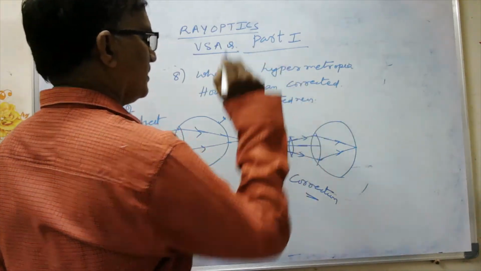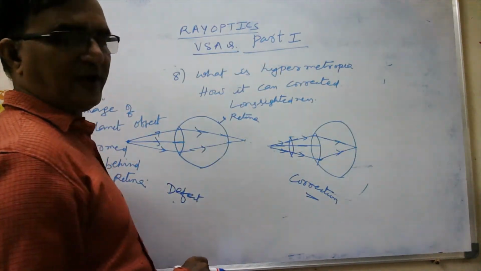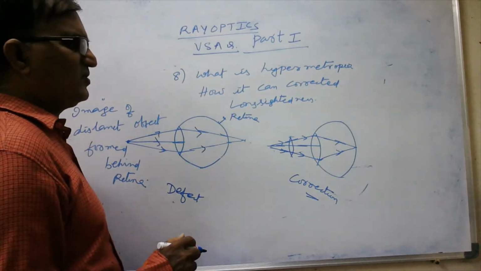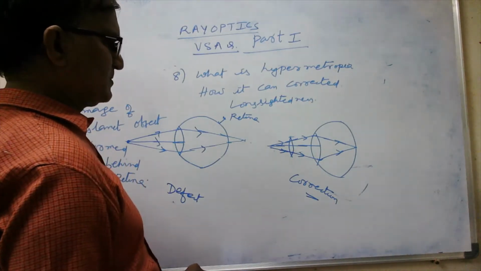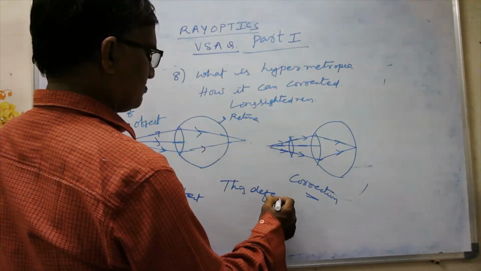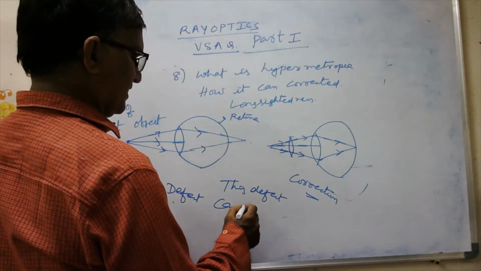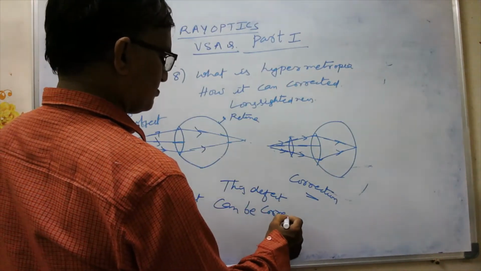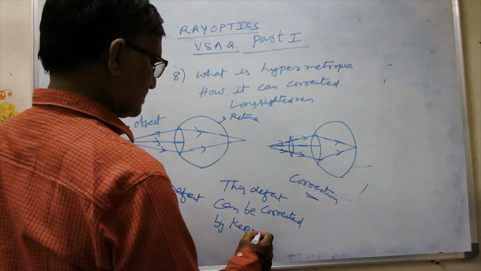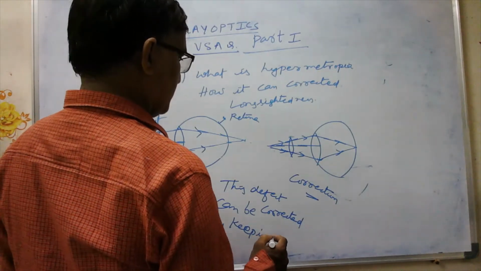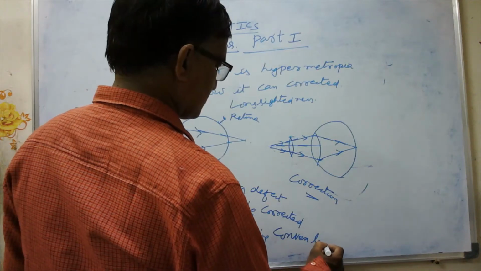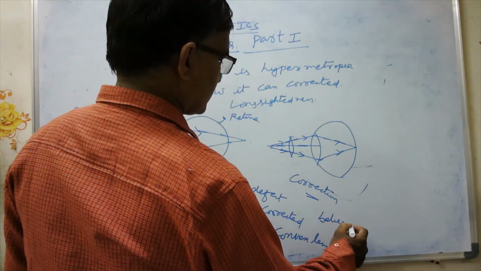Okay, this defect can be rectified by using a convex lens between the eye and the object. This defect can be corrected by keeping a convex lens between the eye and the object.